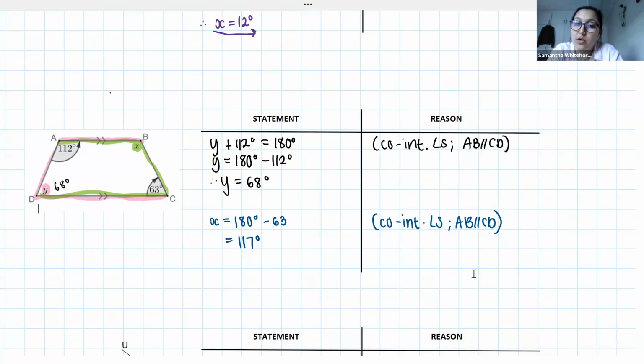Both of those reasons are absolutely fine. You will get 100% for both of those reasons. It's completely up to you. I actually often forget the 360 rule. So I often forget that quads add up to 360. And so it's really good that we do have that fact about quadrilaterals in the back of our head, because it is quite useful to us.